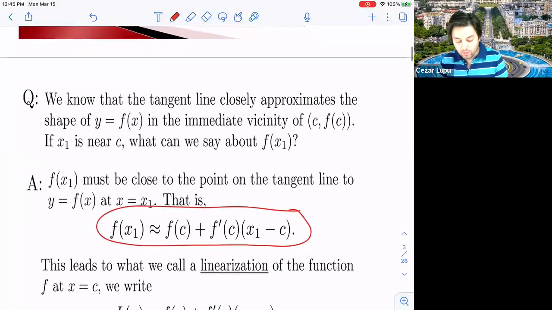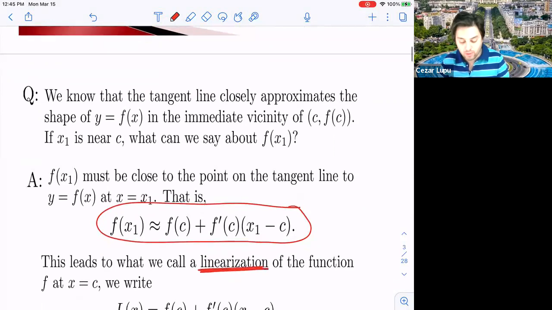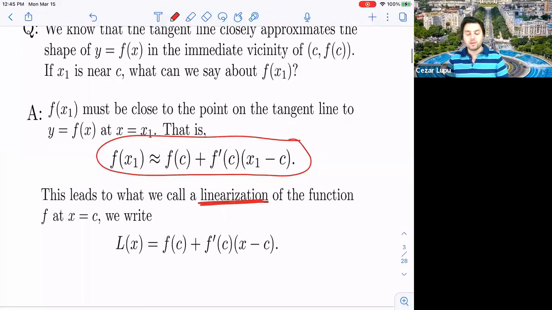We will call this the linearization of the function f at the point x equals c. So that's what we call this, and we write it this way.